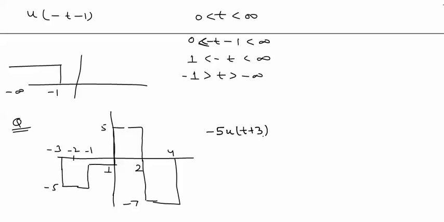That is the expression for this. Now move along this line. Next change occurs at this point, minus 1. The difference in amplitude level is positive 4, from minus 5 to minus 1. It means a positive 4 difference. The location is u of t plus 1.